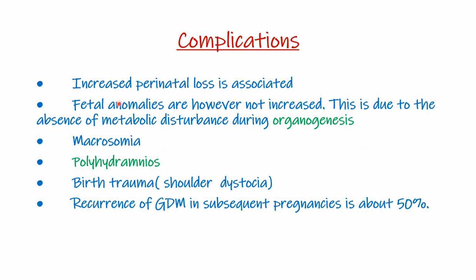So, complications. Let me tell you something which is not included in these slides. As I've said, we have two classifications of diabetes in pregnancy. Overt diabetes is when a patient who came in had previously, without pregnancy, been diagnosed with diabetes. So even before conception occurred, this patient had diabetes.